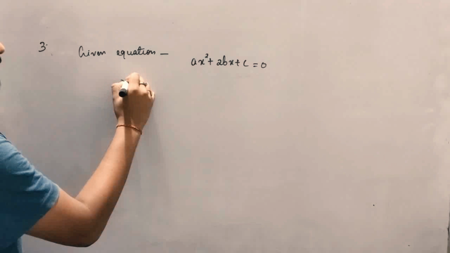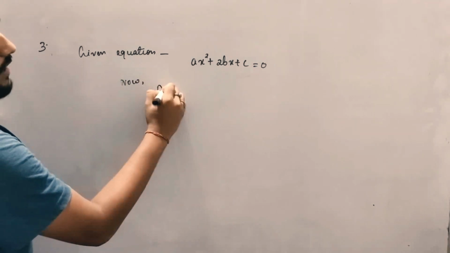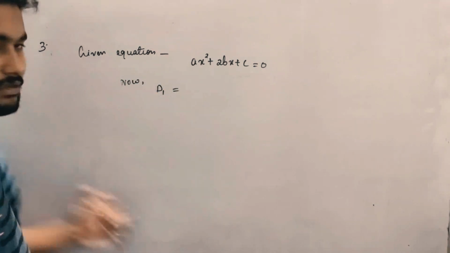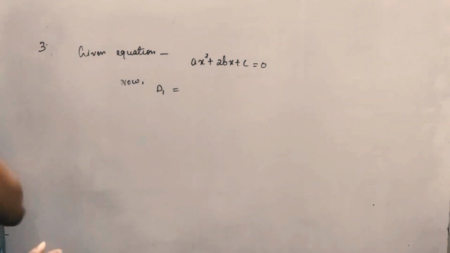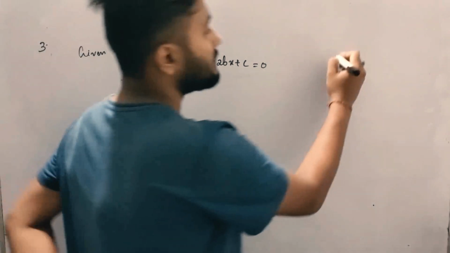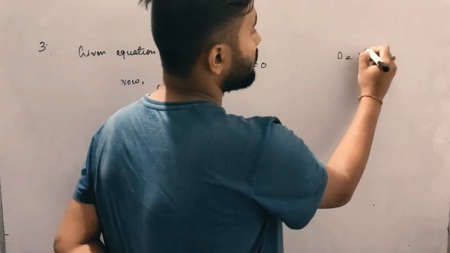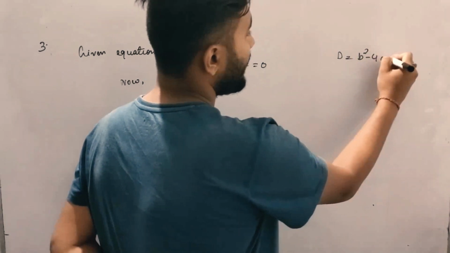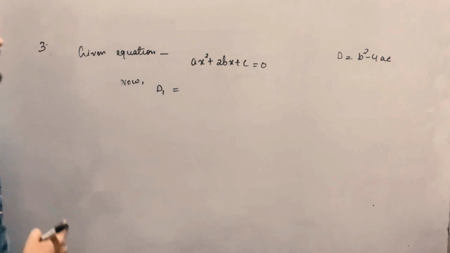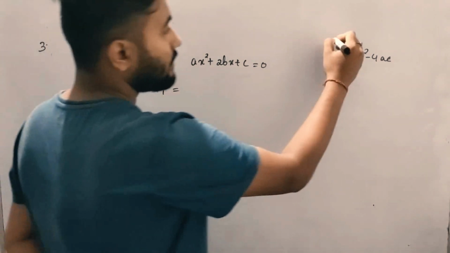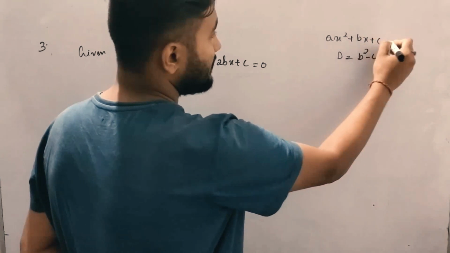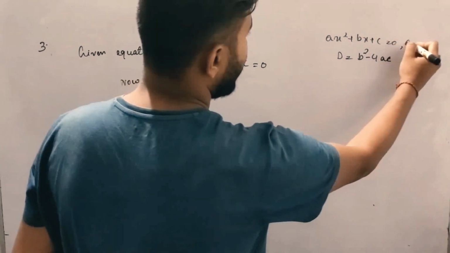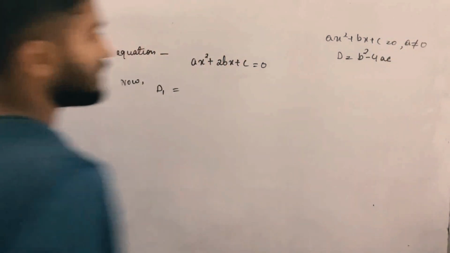Say d1 for this equation, and for the second equation we will write the discriminant as d2. So now d1 will be equal to what? What was the formula for discriminant? Discriminant is equal to b square minus 4ac, where the general equation is ax square plus bx plus c is equal to 0, where a is not equal to 0. This is the standard form.